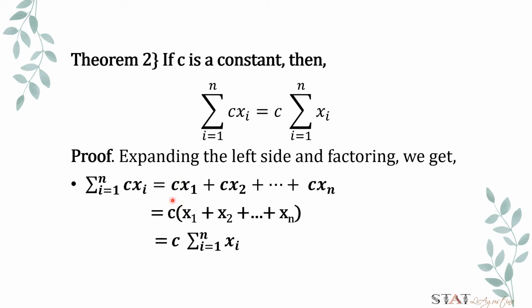Since they have the same constant, we can factor it out and then add all our summands: x1 plus x2 plus ellipsis until xn. So these terms can be written as the constant multiplied to the summation of xi, where i ranges from 1 to n.